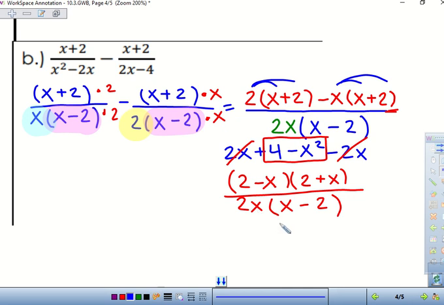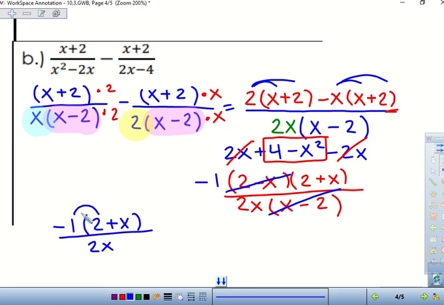Now, can we cancel anything out? Good. We can't cancel anything out as is, but we can do a loophole, right? We can cancel these out if we put in a -1. So we end up with something like this. Now, your test, I believe, I'm not sure if the test is, but I know your quiz is multiple choice, a lot of these.